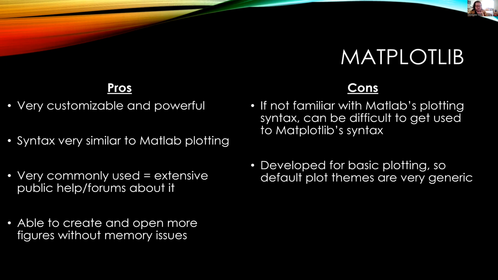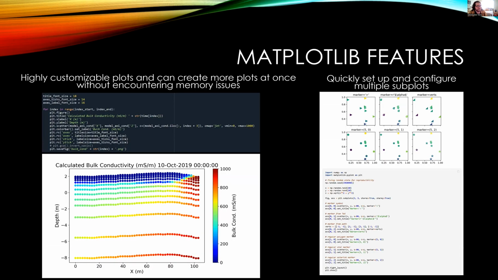So just highlighting a few features here. I have an example code above this GIF to the left here, where you can see that you specify your title font size, the size of your axis ticks, the size of your axes labels, and then with Matplotlib, you essentially just call what aspects of your plot you want to be editing at a time.